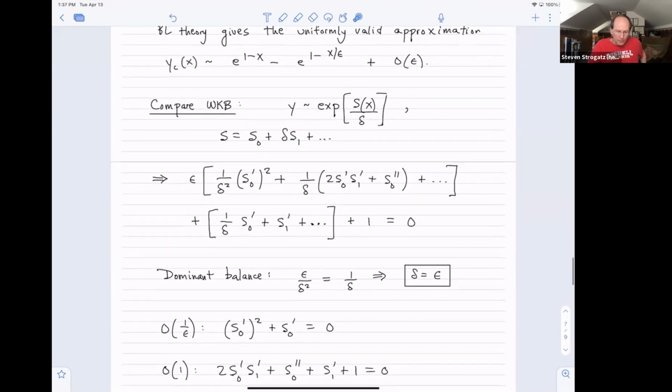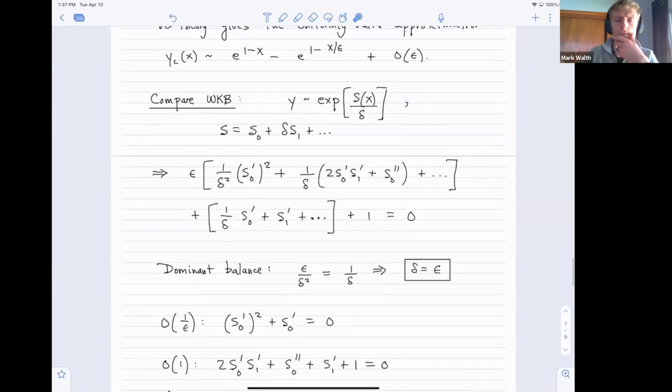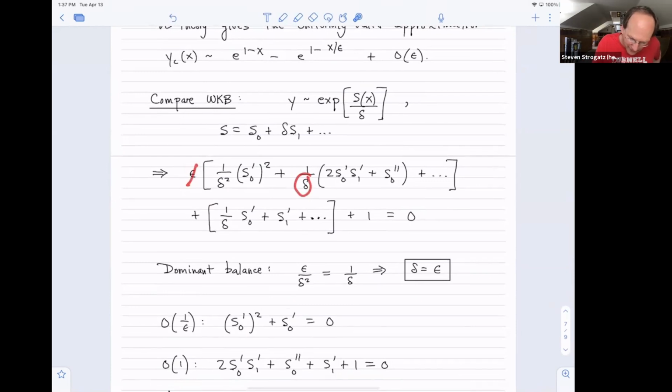Then there's a contribution at order 1, which you can get by taking this epsilon and canceling it with this delta equals epsilon. Those two cancel. So you get this stuff. We've already dealt with this term. But then we're left with this S1, which has no coefficient in front of it, S1 prime, and a 1. And those are the guys that are appearing here.